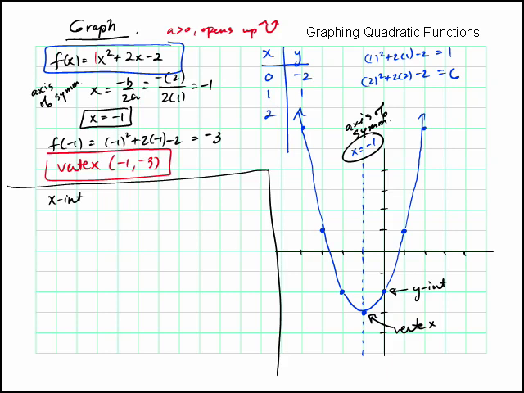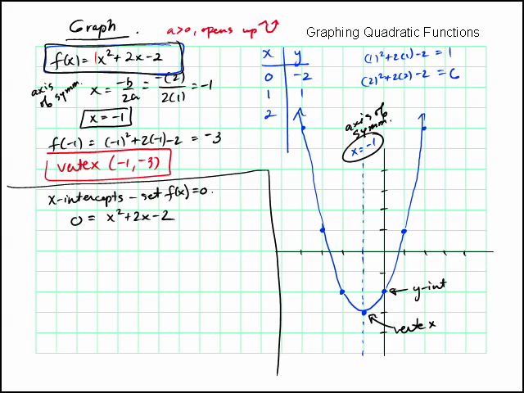To find x-intercepts, you have to set y equal to 0, or f of x has to be set equal to 0. And so right up here, I got to write in 0 equals x squared plus 2x minus 2.